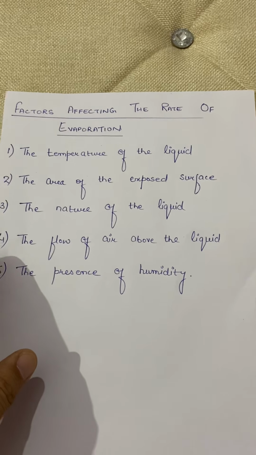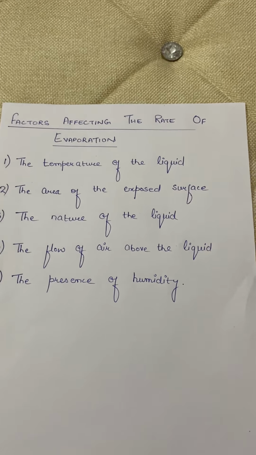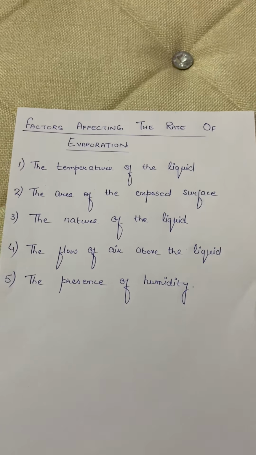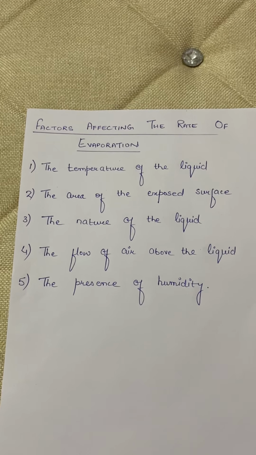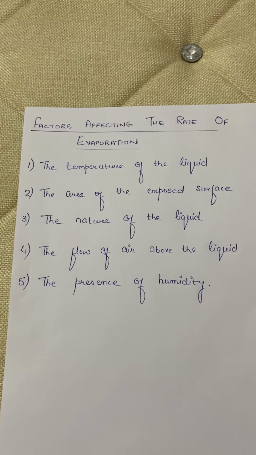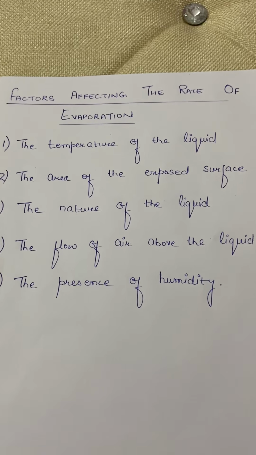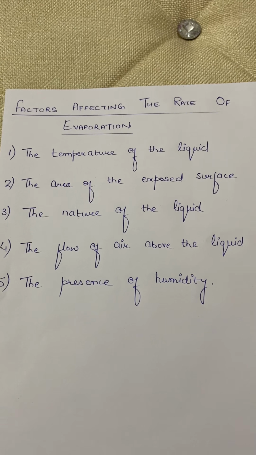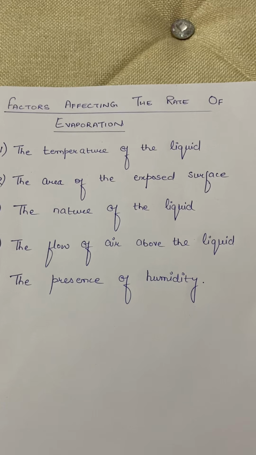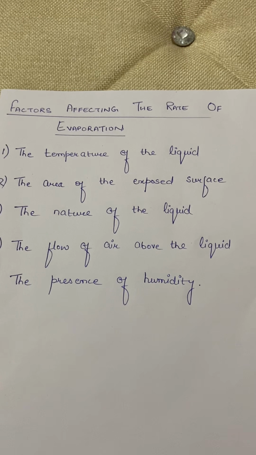Now, there are certain factors that affect the rate of evaporation also. What are those factors? The first factor that affects the rate of evaporation from the surface of a liquid is the temperature of the liquid. Now it is but obvious.